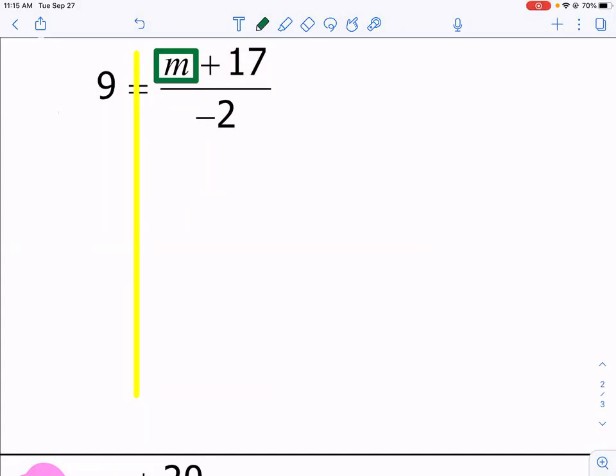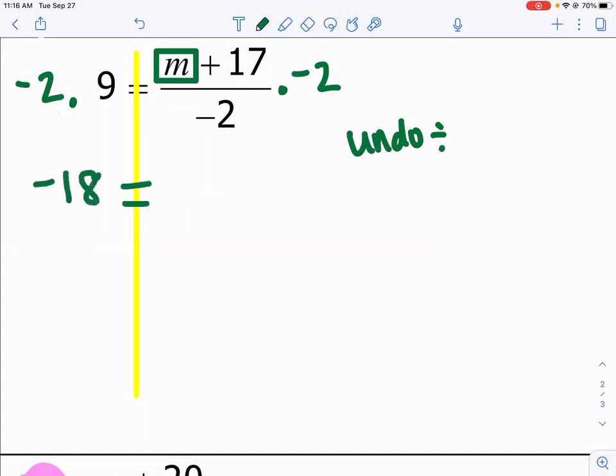So to undo our division, we need to multiply both sides by negative 2. So this is like a negative 2 over 1. And if I have a negative 2 in the numerator and a negative 2 in the denominator, they cancel each other out. That's the whole point. So we're left with M plus 17.